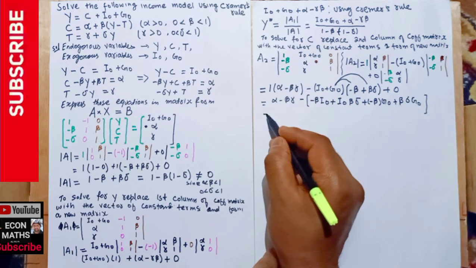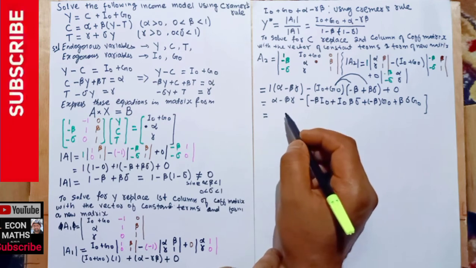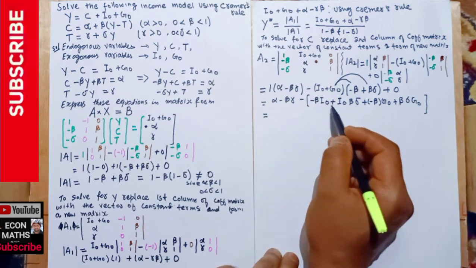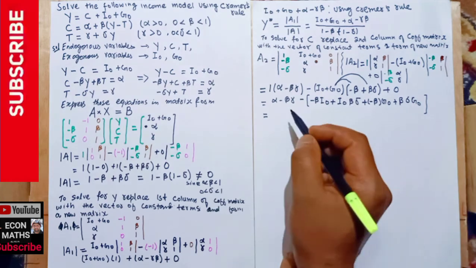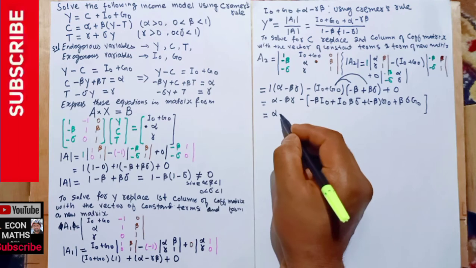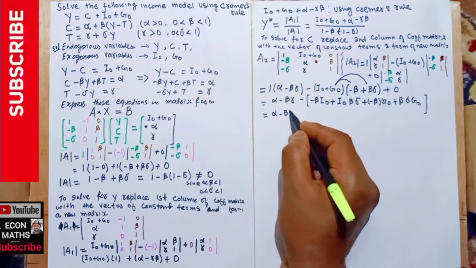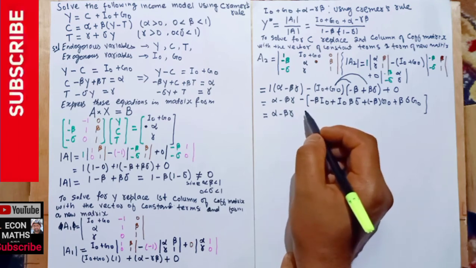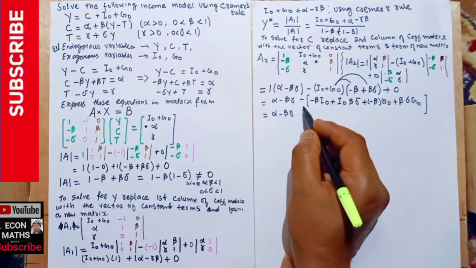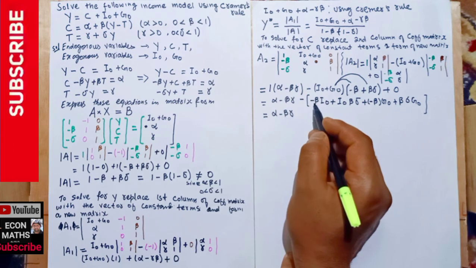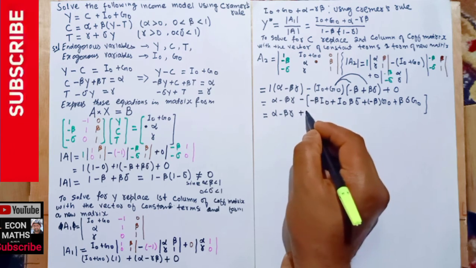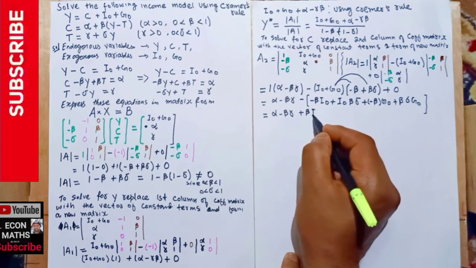Now further solving this will become, here it is beta I0, so we will take it out here. So here it is alpha minus beta gamma. Now here this will become minus into minus is plus beta I0.